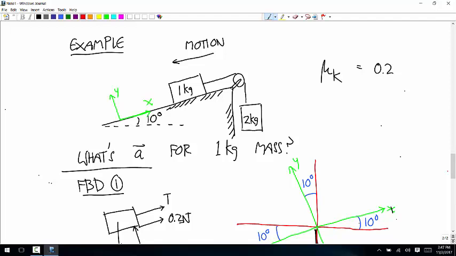So when we isolate this one, we're going to go back to just our usual coordinate system with the y-axis up. Otherwise, you can imagine how messy it would be; this force is going to be at some funny angle, the weight is going to be at a funny angle. We'd rather just deal with the normal coordinate system.